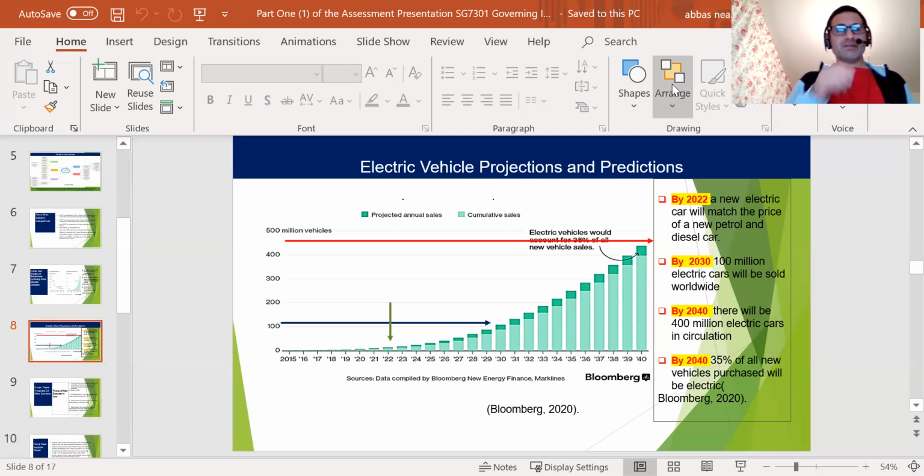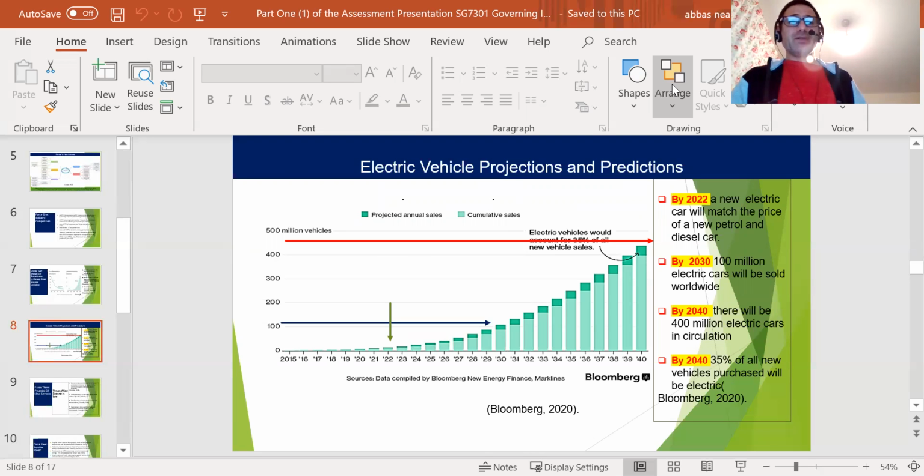In fact, by 2022, there will be more than 500 different models available globally. With greater choice, the increased efficiency will be matched by competition in price. There will be strong attraction for new buyers to enter the market and also for investors.